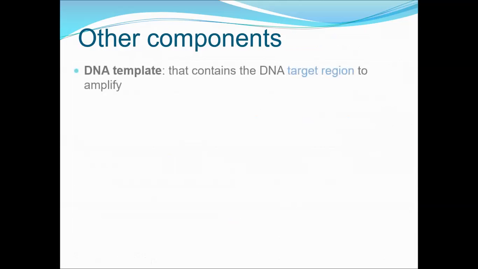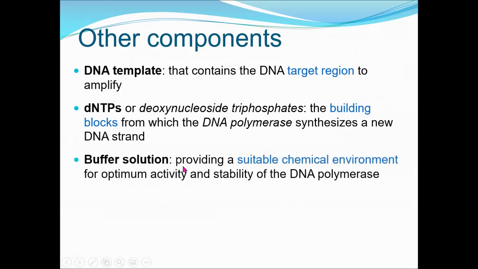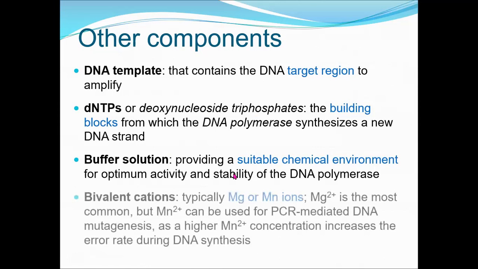Other important components are obviously the DNA template, which provides the target region to be amplified, and the dNTPs, which are the building blocks: dATP, dCTP, dGTP, dTTP. Then the buffer solution provides the optimal environment, the optimal pH and salt concentration, and provides stability for the DNA polymerase.